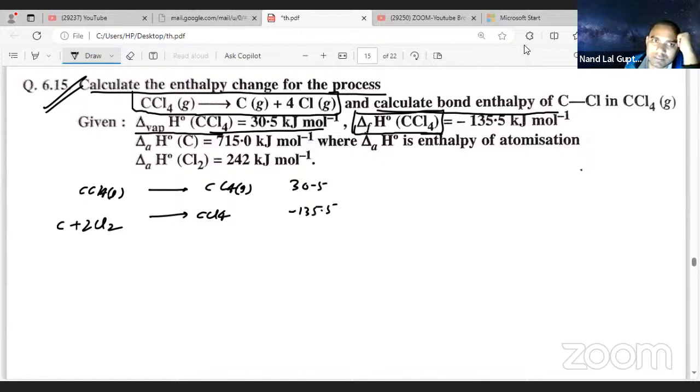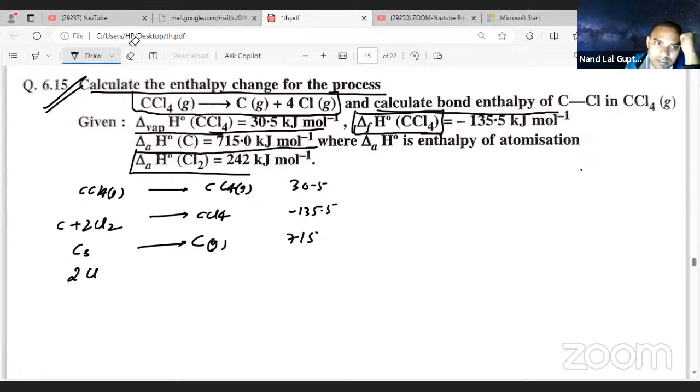135.5. Then the enthalpy of atomization of carbon. Carbon solid is converting into carbon gas. So this is 715. The last one is the enthalpy of atomization of Cl2.